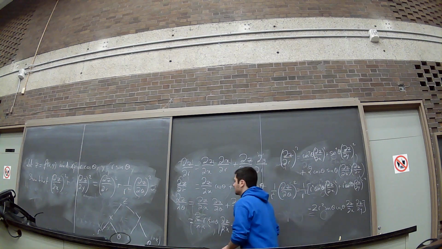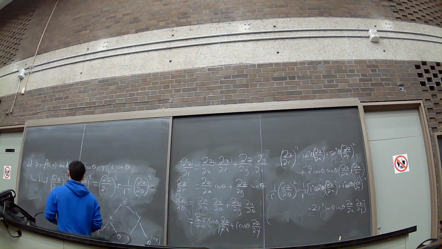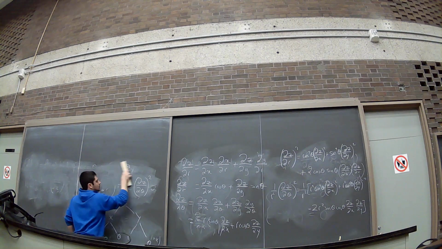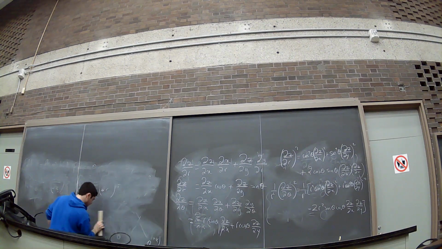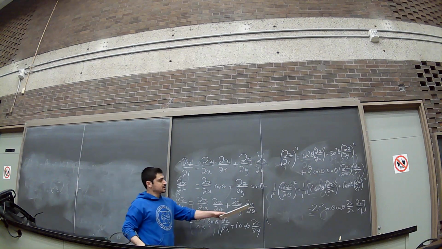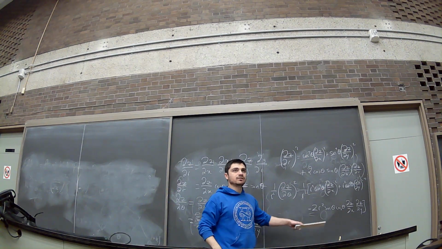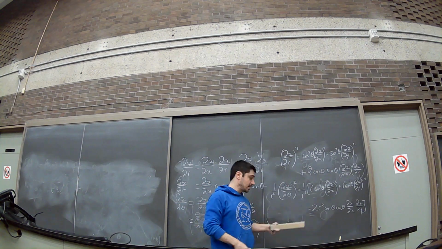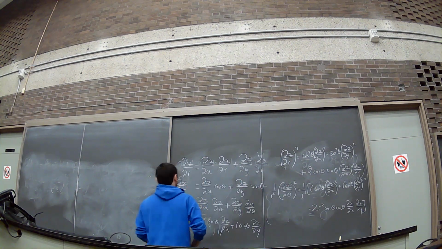Now what happens with the r squared? What can I do with the r squared? All of them, I can factor them. I can factor an r squared and then cancel it. So let me write this down.